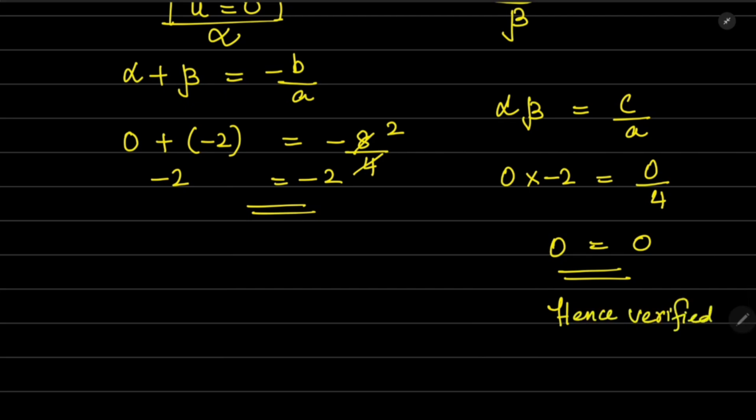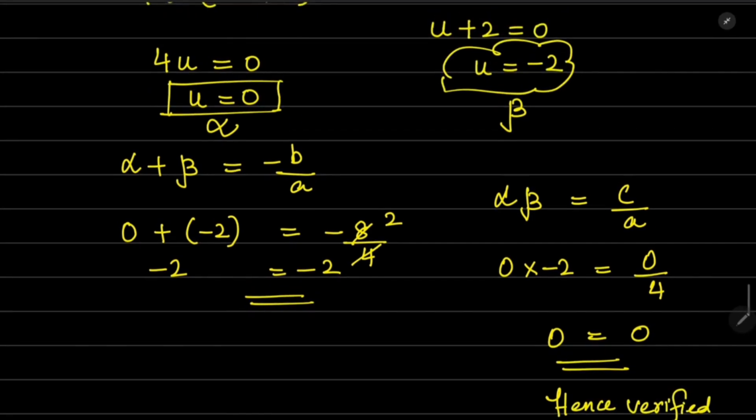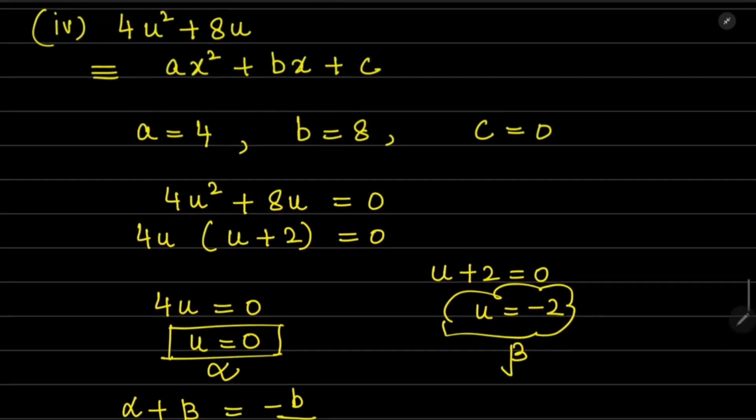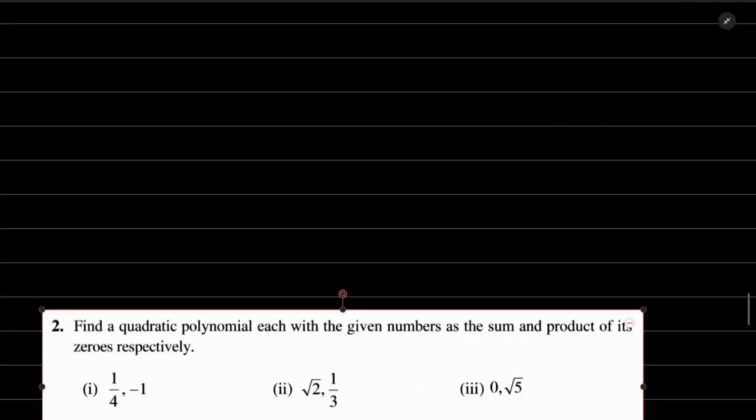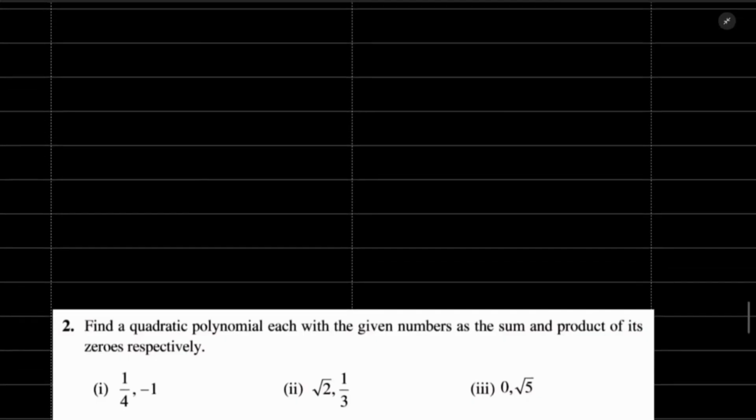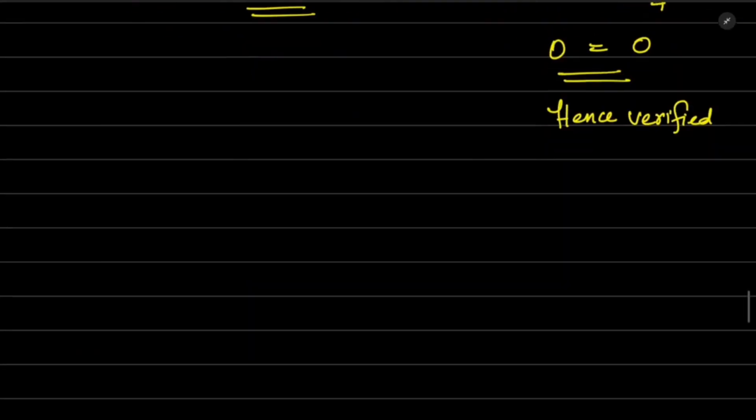Now let us move on to the next question. T square minus 15. The next question is t square minus 15. So that's your 5th question. Very easy.